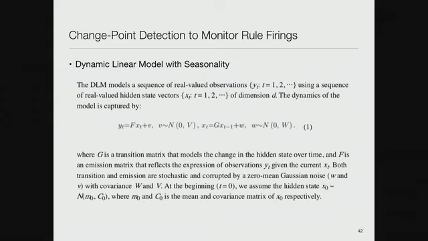But what's interesting is these guys went on to say, well, how could we monitor for this in some ongoing fashion? And so they said, well, there's this notion of change point detection, which is an interesting sort of machine learning problem again. Suppose we built a dynamic linear model that includes seasonality, because we have to deal with the fact that a lot of stuff happens Monday through Friday and nothing happens on weekends.